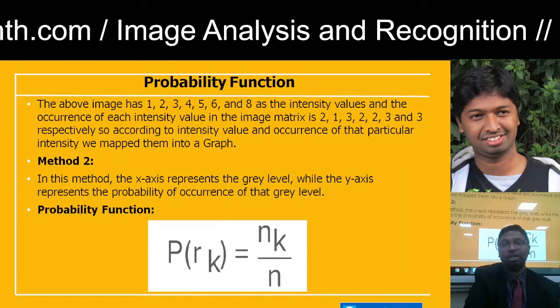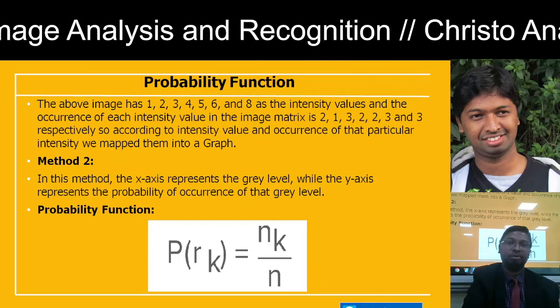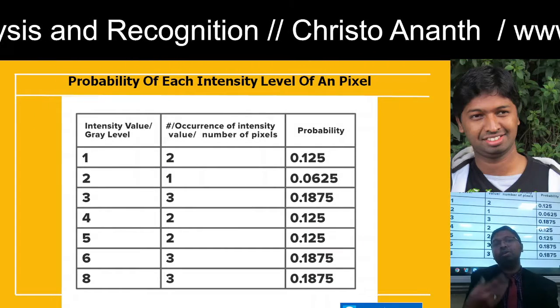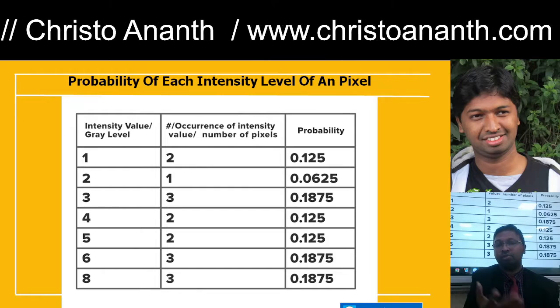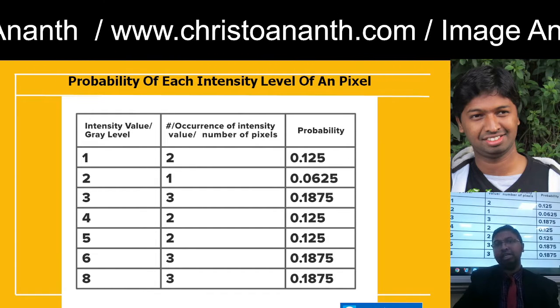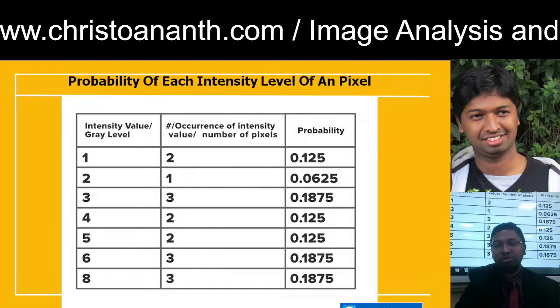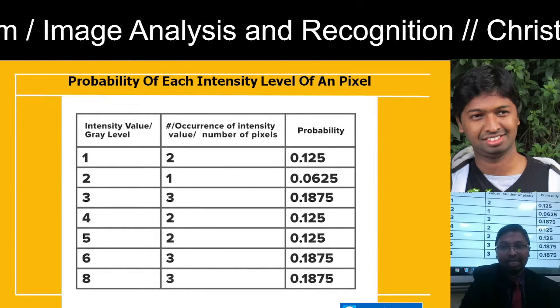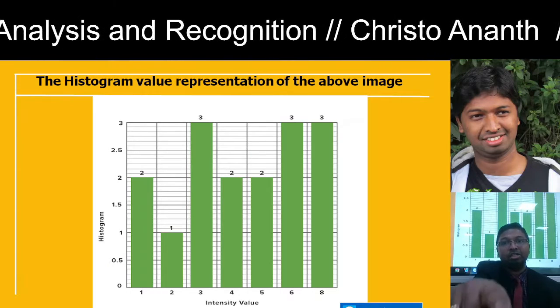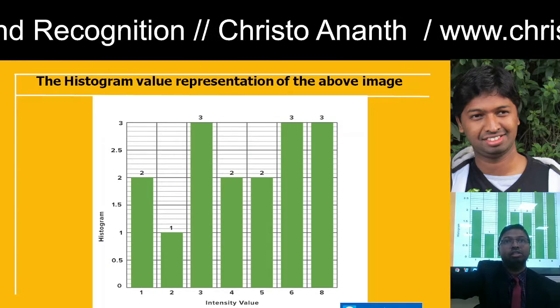Remember this function: P of rk is equal to nk divided by n. Assume intensity values or gray levels 1, 2, 3, 4, 5, 6, 8, and the number of pixels 2, 1, 3, 2, 2, 3, 3, which we got from the matrix.